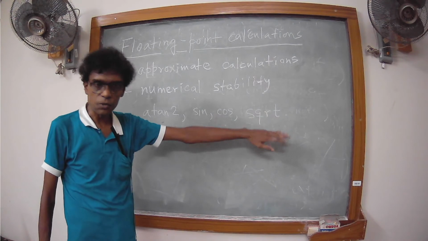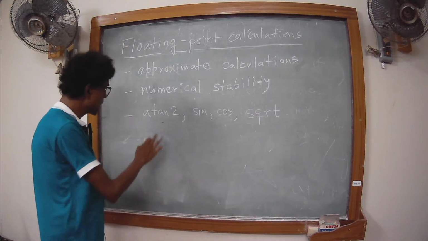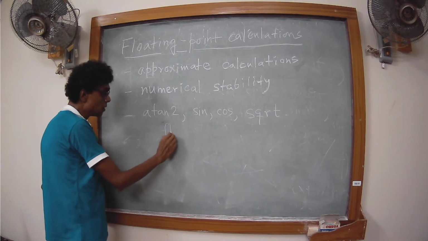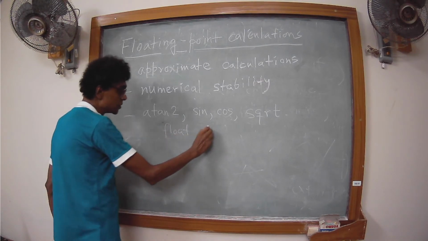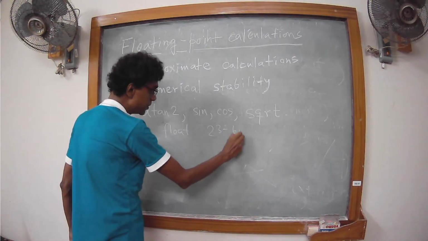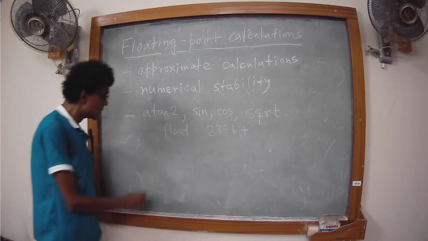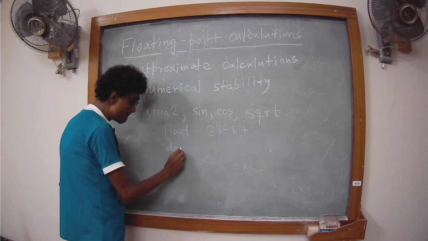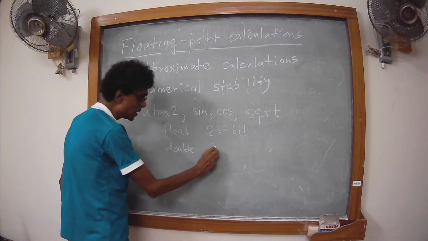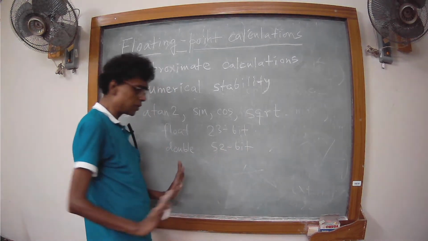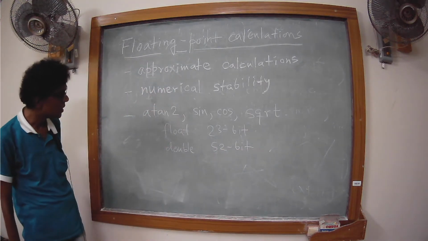That's an important issue. So what we typically do, so you know, a float has 23-bit precision, mantissa. Whereas a double, if I am not very much mistaken, it's around 52, 51. I think 52 is correct. It's a 52-bit precision.